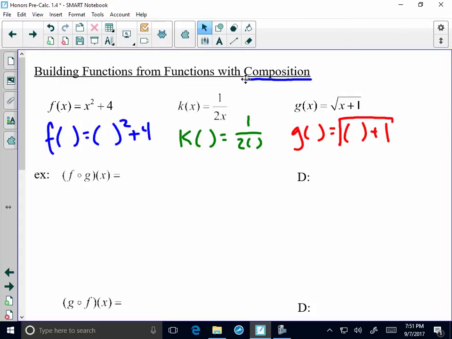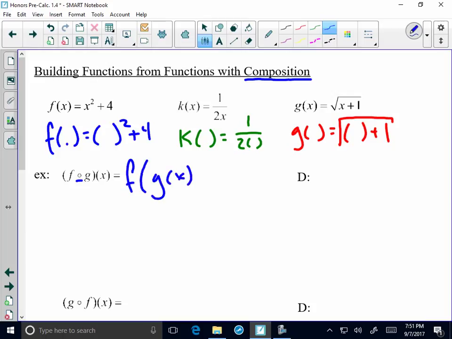So when we talk about composing functions, we're basically going to be plugging a function into another function. If we're looking at f of g of x, this little circle is "of", we would say that that would be g of x inside f of x. So this is f of g of x, right?